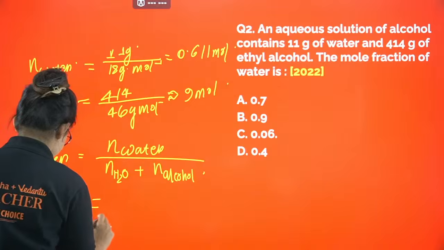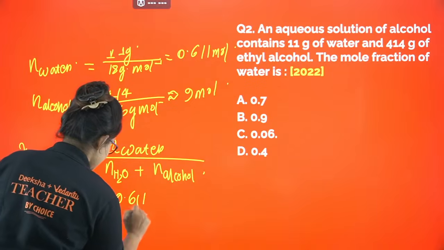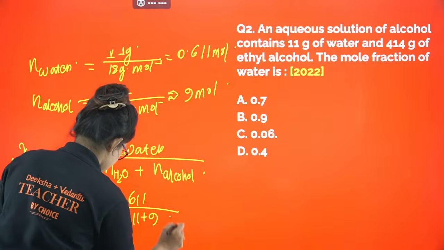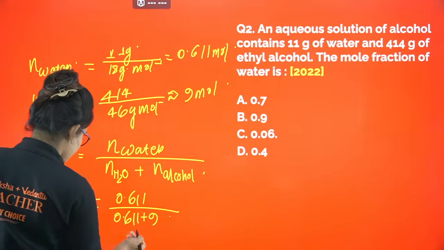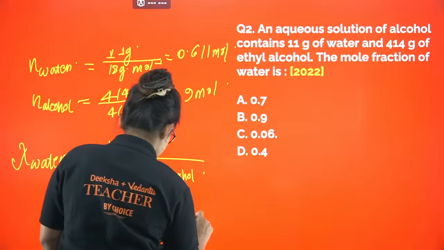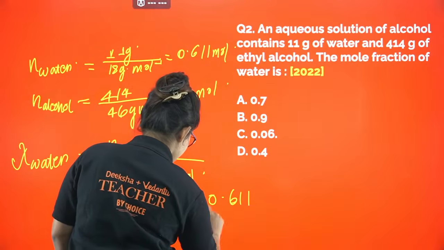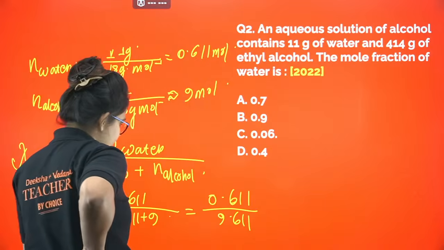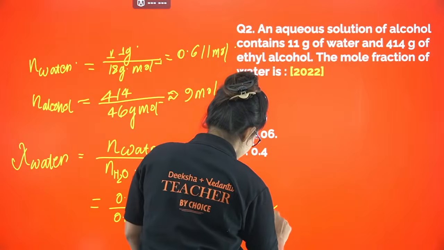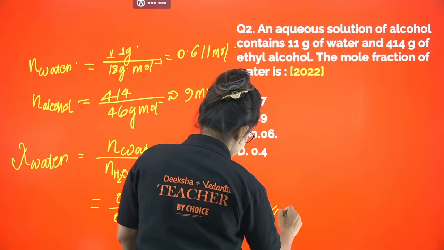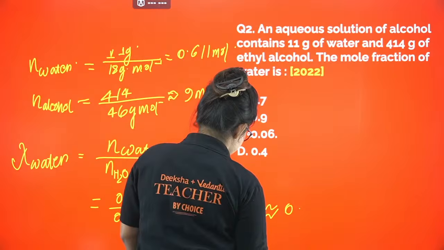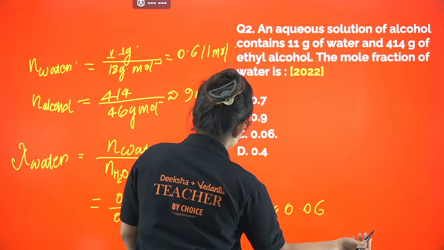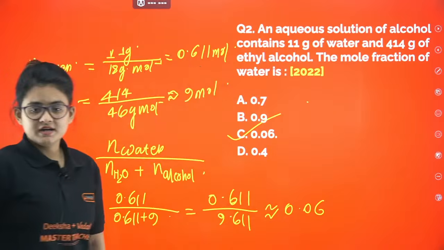So 0.611 divided by 0.611 plus 9, which is 0.611 divided by 9.611, right? From here, if I further calculate, we will get 0.06 something. Yes, option C is going to be the correct one.